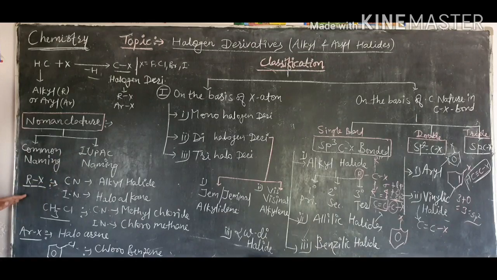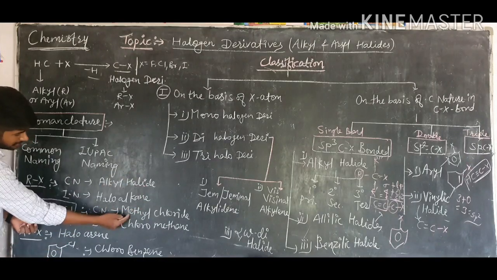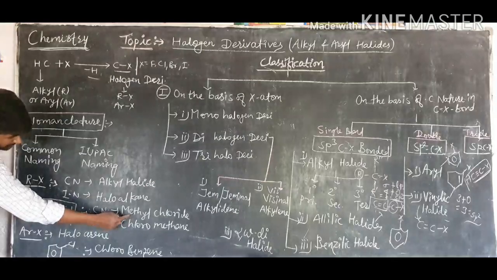For example, CH3Cl. CH3Cl is formed from the hydrocarbon CH4, which is called methane. In methane one hydrogen is replaced by chlorine, forming this type of formula. Its common name is methyl chloride, according to alkyl halide.